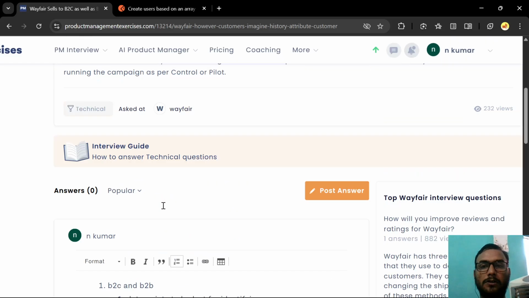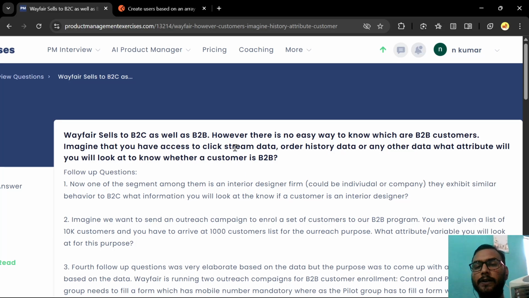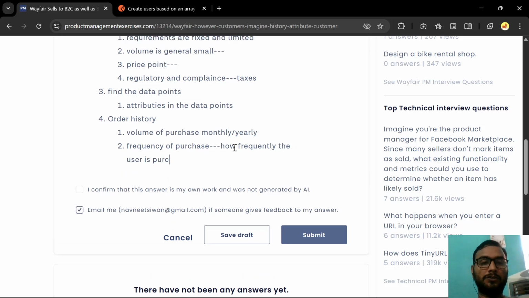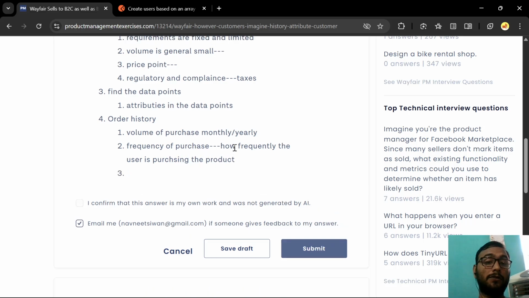And coming to another thing, the click stream data. Of course, this order history will also tell us the frequency of purchase, how frequently the user is purchasing the product, that also tells us.